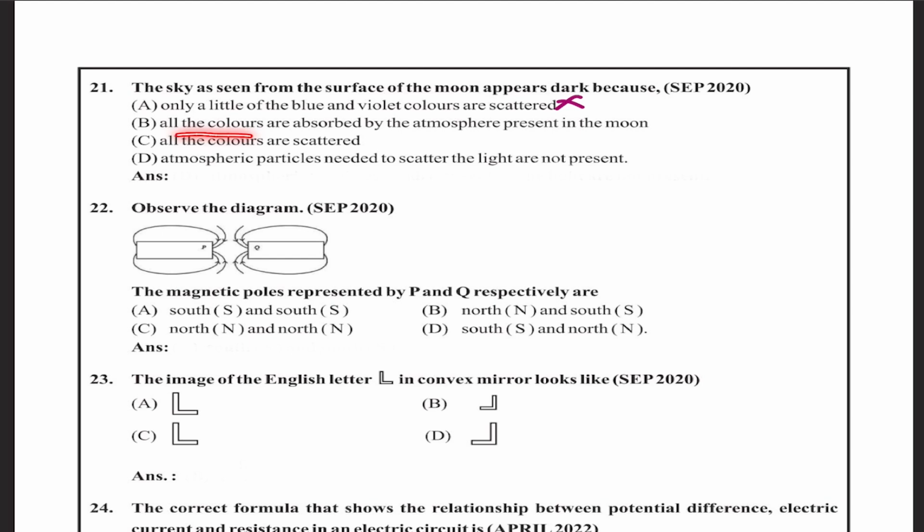No. All the colors are absorbed by the atmosphere present in the moon, which is also not the correct option. If all the colors are scattered, then it should have been white, which is also not possible. Atmospheric particles needed to scatter the light are not present. This is the correct option because this is the scenario which happens with respect to the atmosphere around Earth.